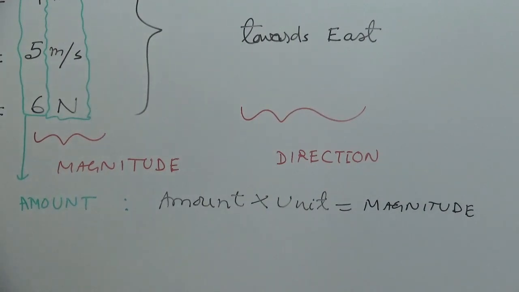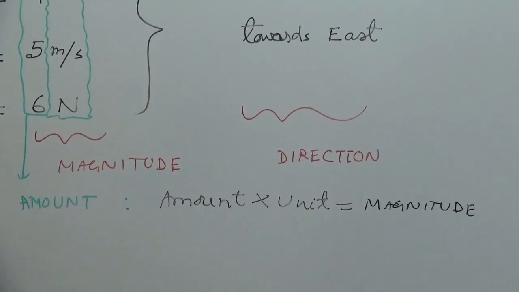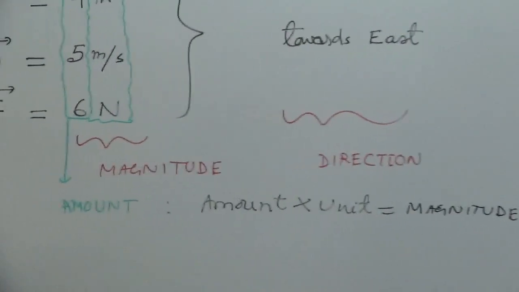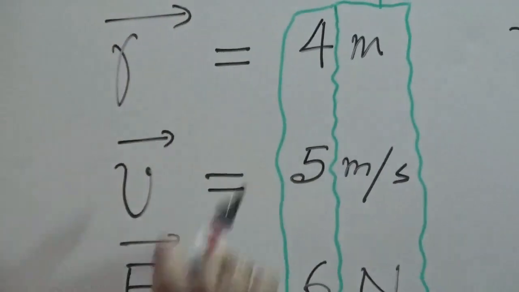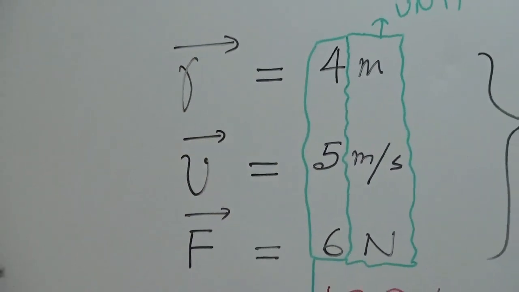Now the question is how to get a most simplified vector among all these three vectors.